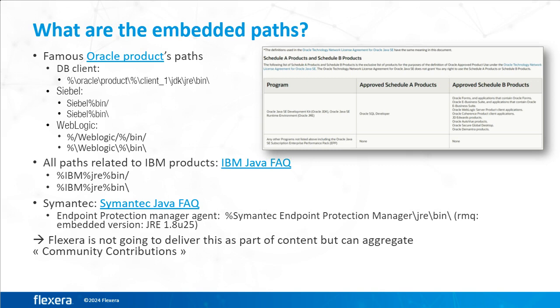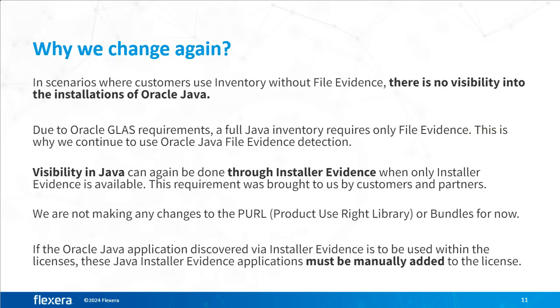Is that the default? The default is currently still only using file evidence. With the change we introduced, we only updated the URL. We are not making any change to the product use library for bundles for now.